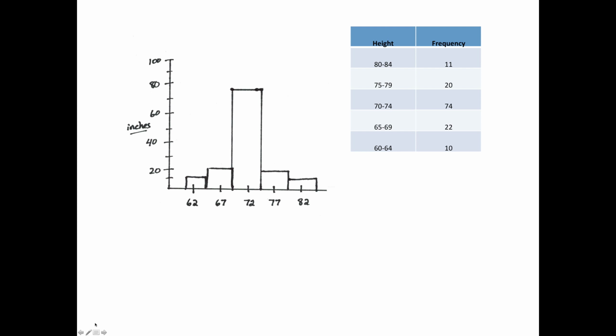And you can also sometimes, what people will do is they'll write on the top of the box, this is going up to 10. This is going up to 22, etc. You don't have to do that part, but sometimes people like to do it. And that concludes the section.